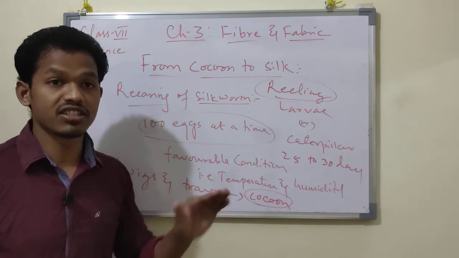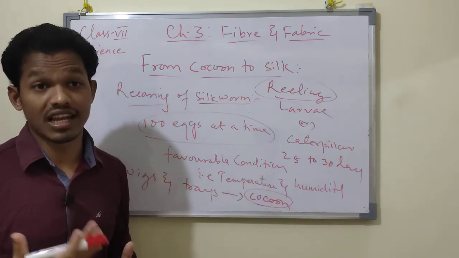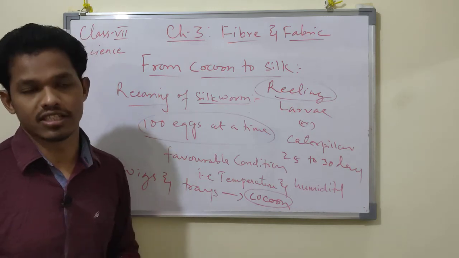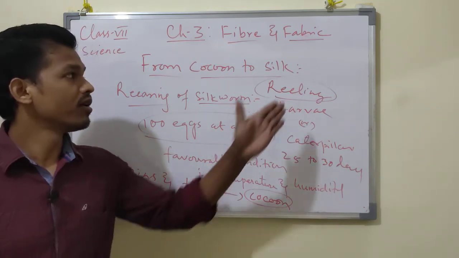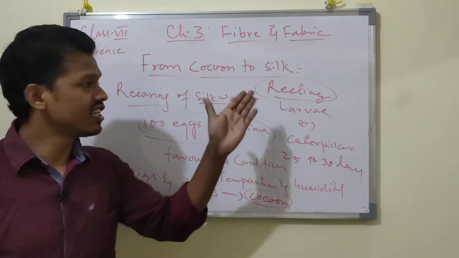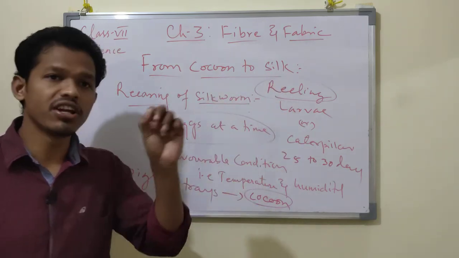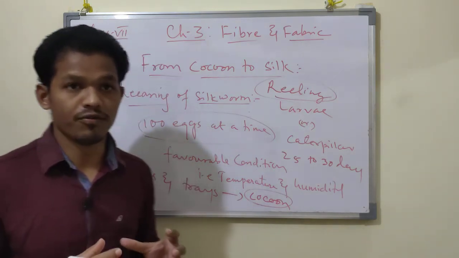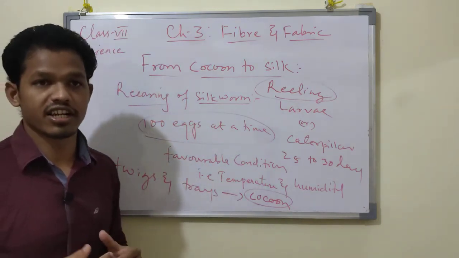What is the method? It is made chemically, like nylon or rayon. These are artificial silk, formed instead of natural silk. Natural silk is very expensive, but it is lustrous and looks beautiful compared to synthetic silk.